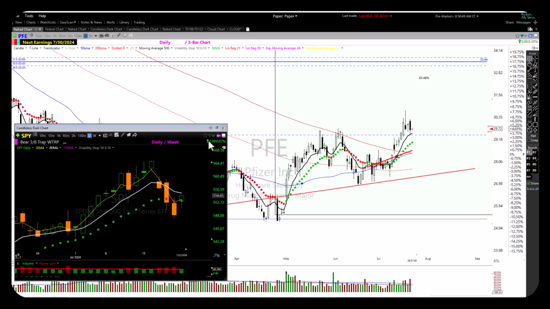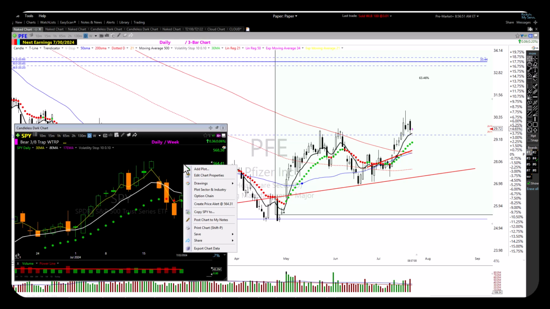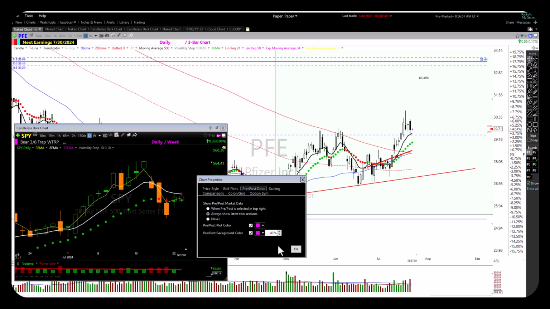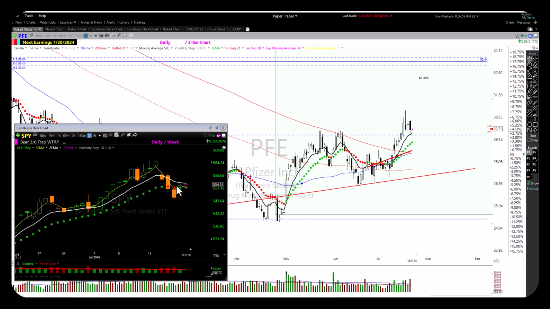Okay, and the market here, let me turn this on so we can see what it is right here. The market, meaning the SPY here, has not gone bullish yet. Now, I think the market overall is bullish. I think we go up.